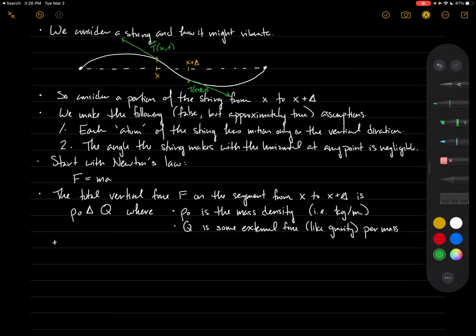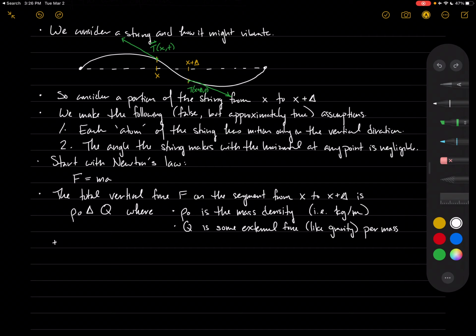So we want to pick out the vertical, what you would normally call the y component, of these vectors t of x,t and t of x plus delta,t. So we want to pick out this vector here, that is the y component of this green vector t of x,t.